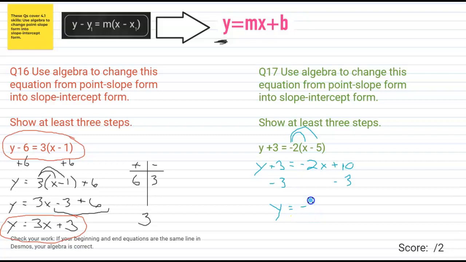And then we have negative 2x plus 7, because 10 plus negative 3 is 7, or 10 minus 3 is 7. So this equation and this equation are describing exactly the same line. And again, you could pop into Desmos and put this equation and this equation in, and if we did our math right, they'll be exactly the same line.